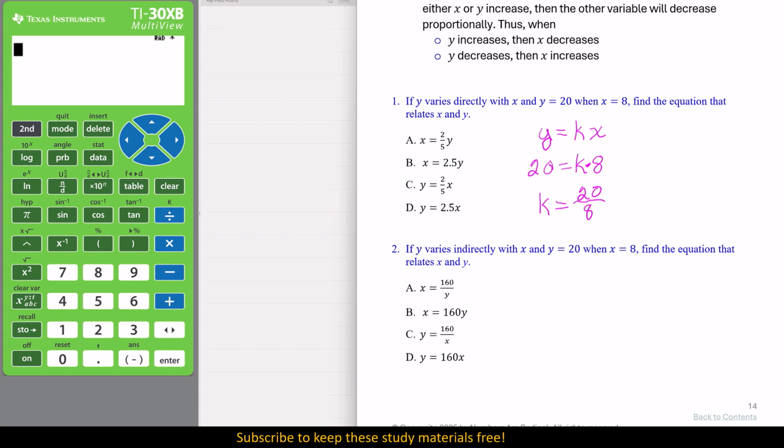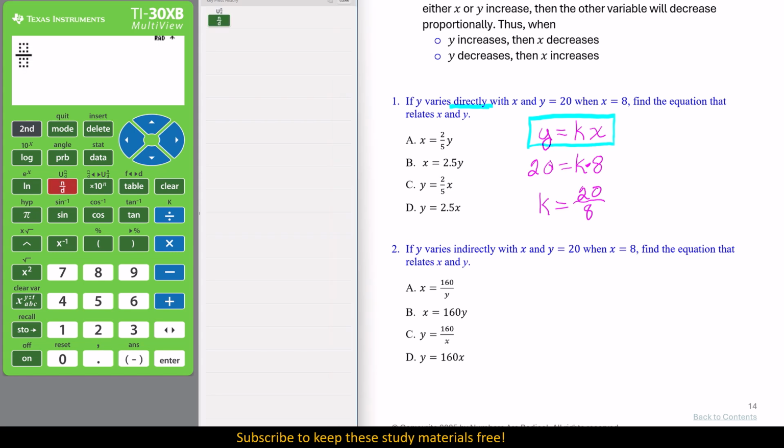Well, now that we know what k is, let's pop that in the calculator and then just substitute it back into the original equation. But this is what we need to see here. Let me get out my highlighter. This equation shows the direct variation, right?